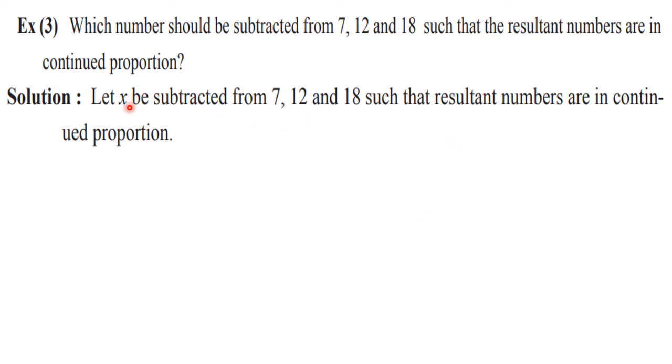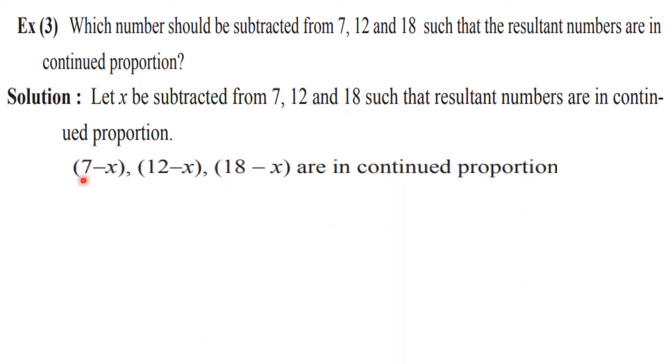Now when we subtract x from 7, we will get 7 minus x. Here we will get 12 minus x, and here we will get 18 minus x. So we can say that 7 minus x, 12 minus x and 18 minus x are in continued proportion.